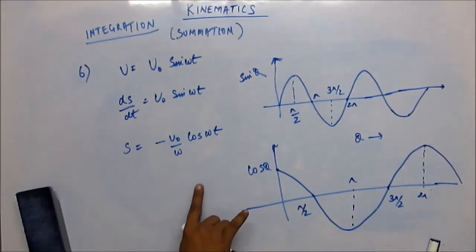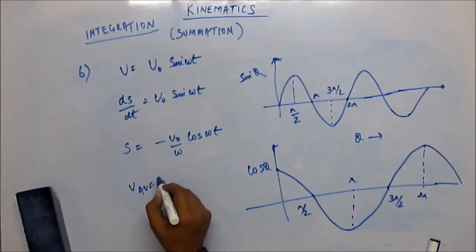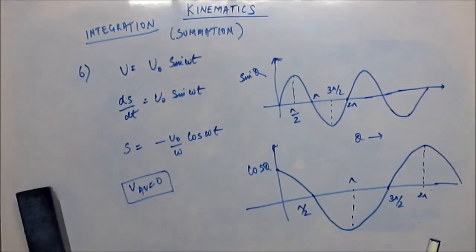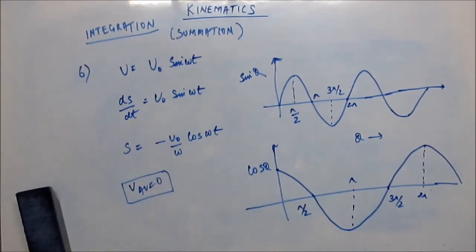So the average velocity will be equal to 0. V average is equal to 0 by the argument that the displacement in the time period will be 0 because cos is a periodic function. It repeats its value in the time period. So if we are looking at one time period, the value will be repeated and there will be no displacement at all. It comes back to the same position. So there is no displacement, then there is no average velocity.